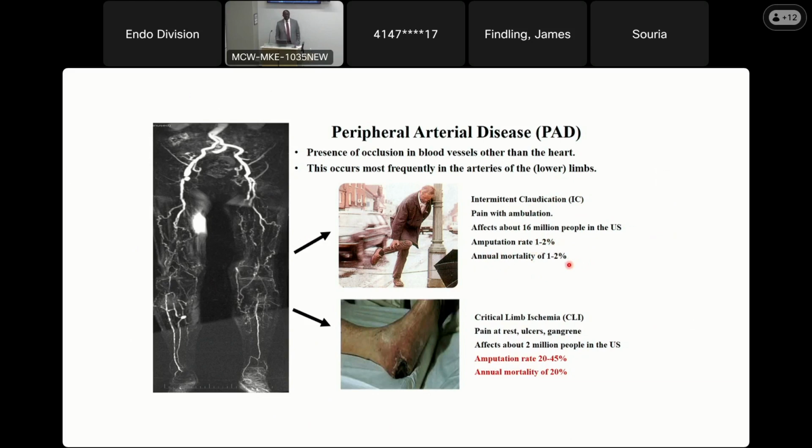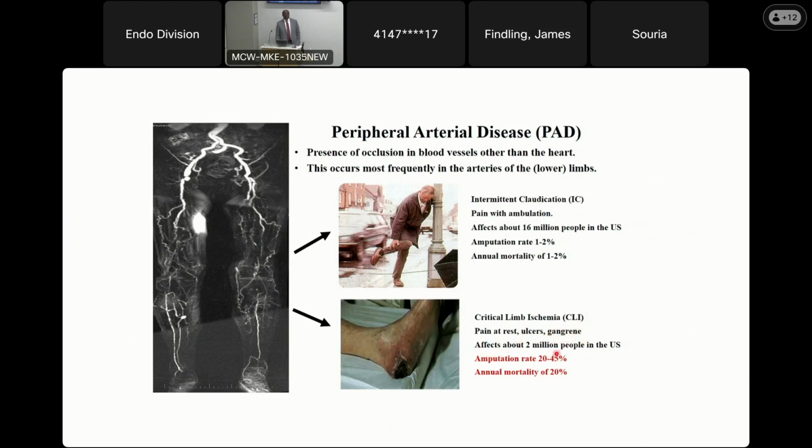The other classic presentation is called critical limb ischemia, or you may have heard limb-threatening ischemia. Critical limb-threatening ischemia is referring to the same condition. These patients tend to have pain at rest, and they may have ulcers, as in this guy's limb here, or they may have limbs that have gangrene.